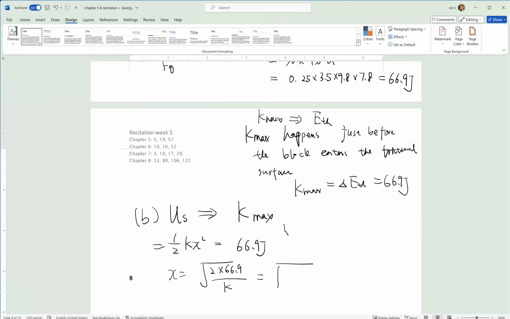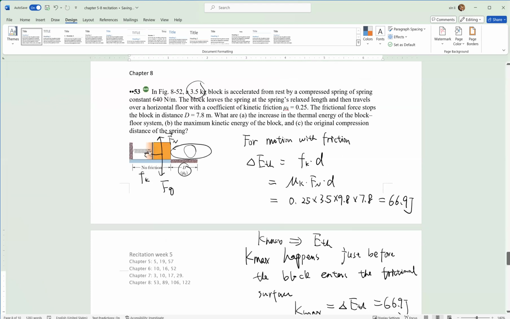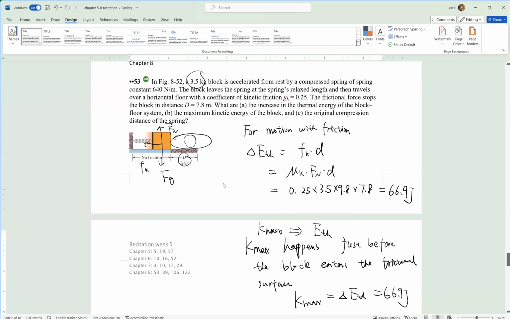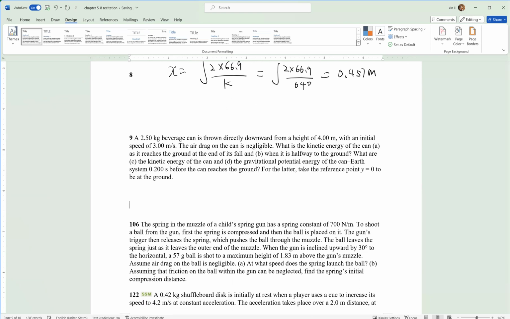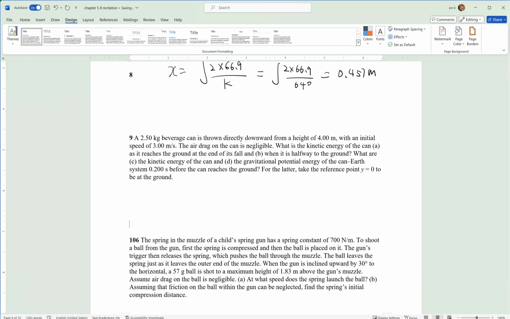That's 2 times 66.9 divided by 640, and you are going to get 0.457 meter. So this whole process is the conservation of energy: spring energy transfers to kinetic energy, which transfers to thermal energy. Let's take a look at 89.